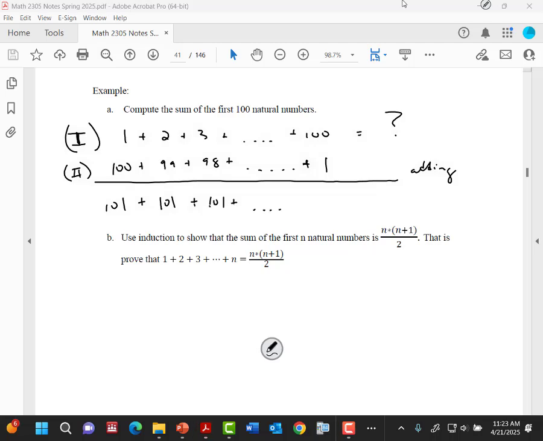And if we notice, each time I compute a sum, I get 101.